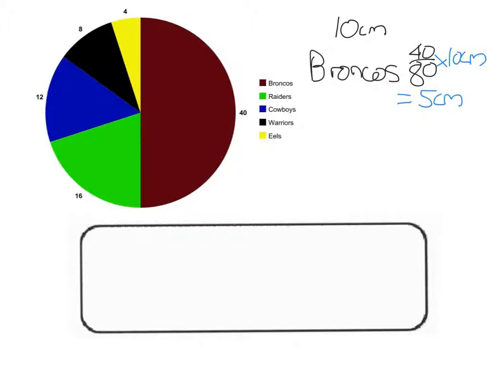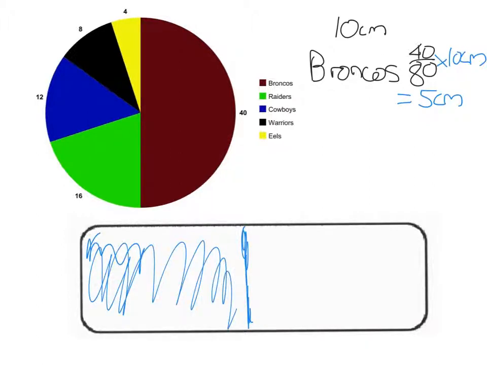So what that means is that I'm going to dedicate about 5 centimetres of this bar to the Broncos. So at 5 centimetres, rule up my line, and then this area here is going to be devoted to the Broncos.